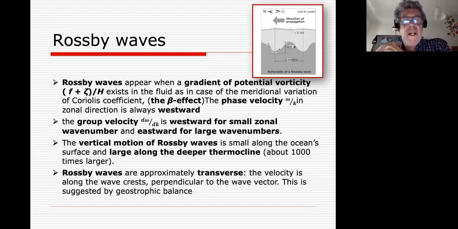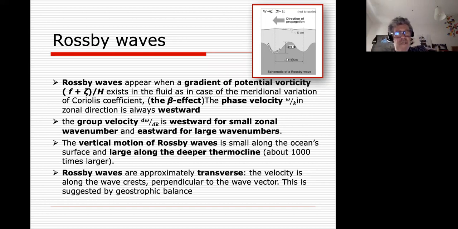Obviously, you can have Rossby waves due to changes in H. So there are topography Rossby waves where topography can have an impact. But in the case that we are looking for, the change of the potential vorticity, or the gradient, depends on the meridional variation of the Coriolis coefficient.